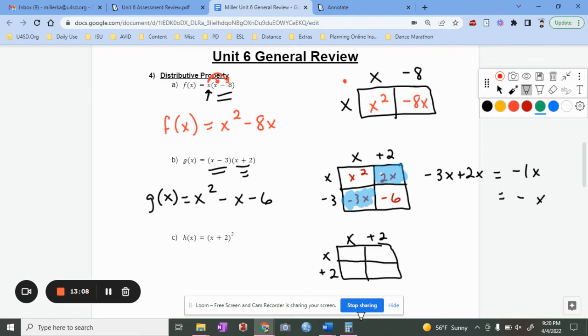Fill this in. x times x is x squared. x times 2 is 2x. 2 times x is 2x, and 2 times 2 is 4. Now again, we've got these matching corners, 2x and 2x. So I am going to combine those, and we get h of x equals x squared plus 4x plus 4.